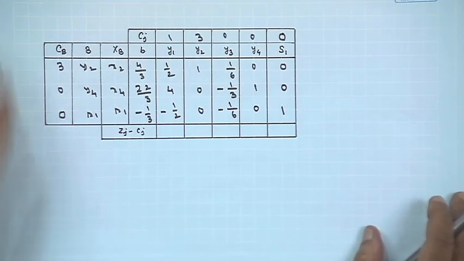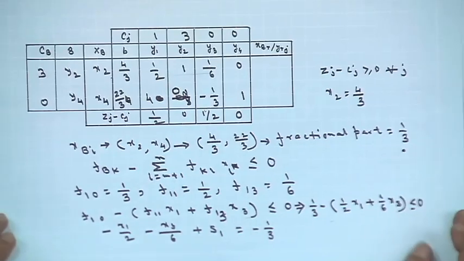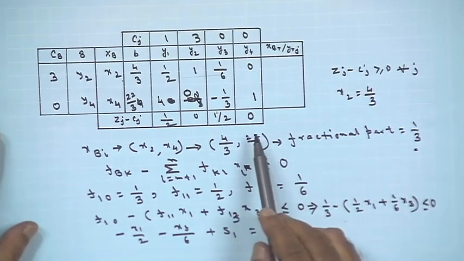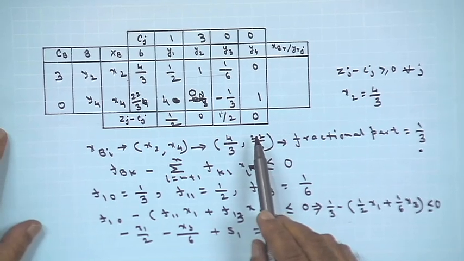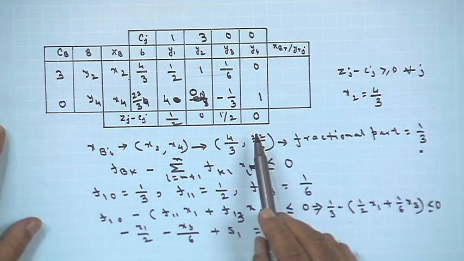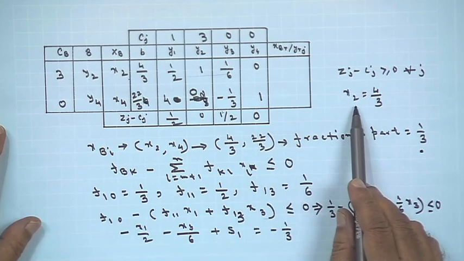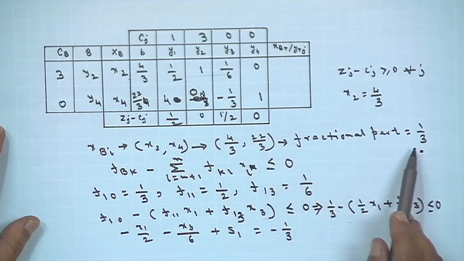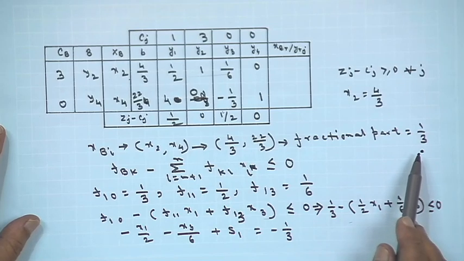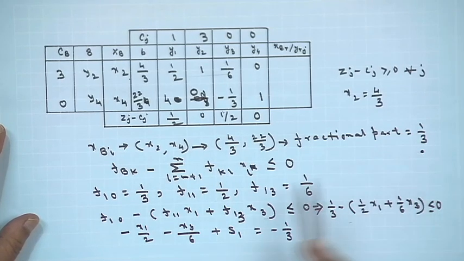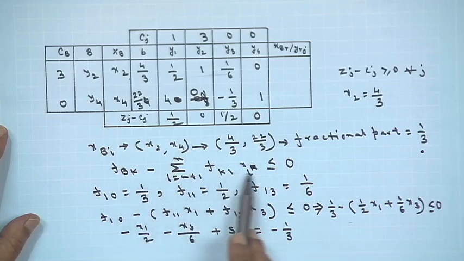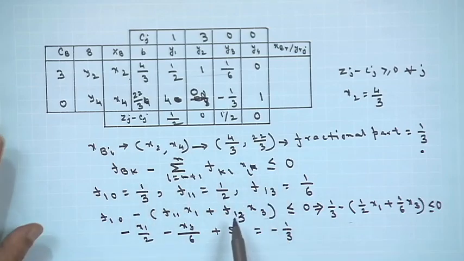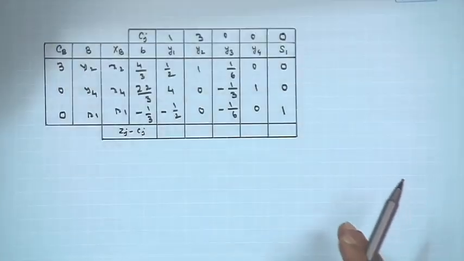So, now like this way, whenever you are having one table where Zj minus Cj is greater than equals 0, but the solution is infeasible, since one of the decision variable or basic variable is fractional. So, by this way you are calculating the maximum fractional part, formulating this inequality, and formulating the table.